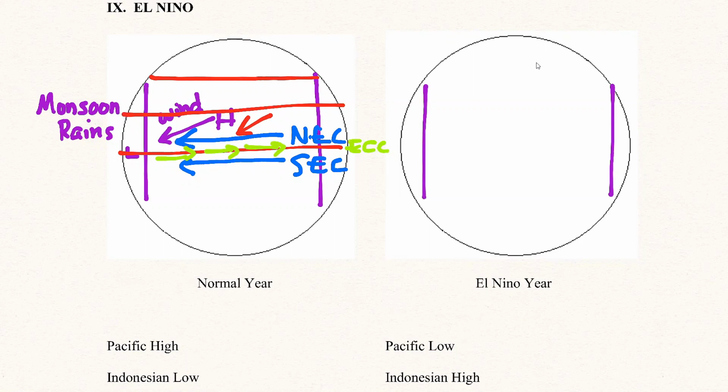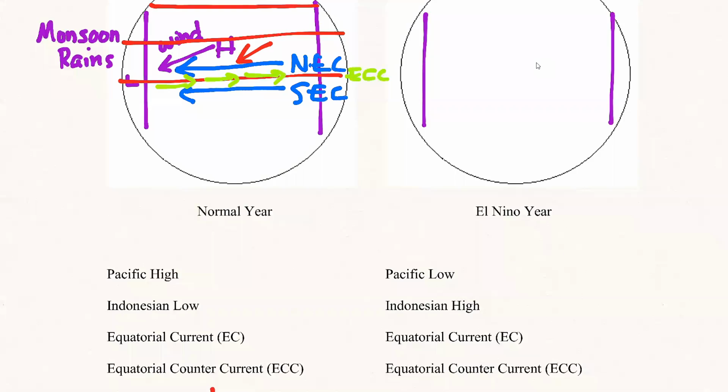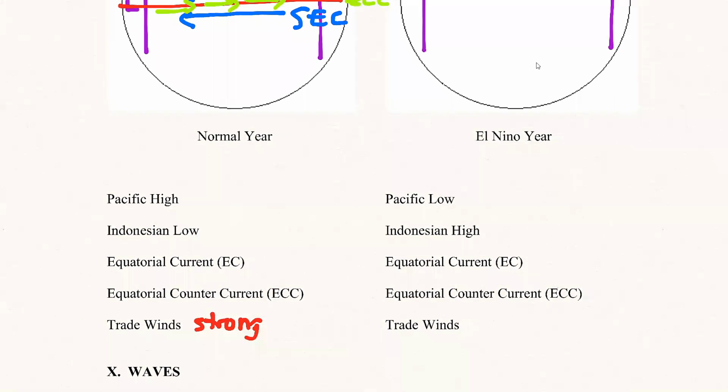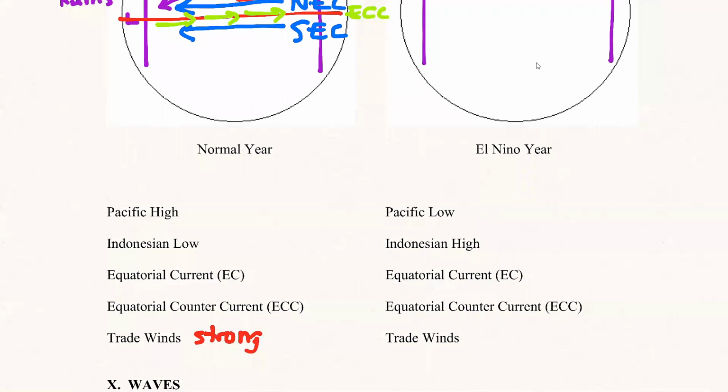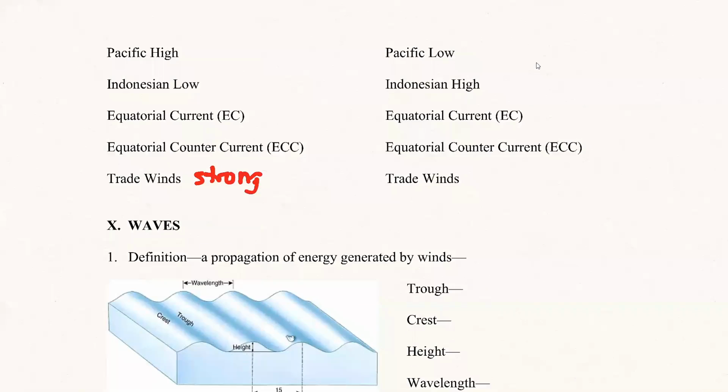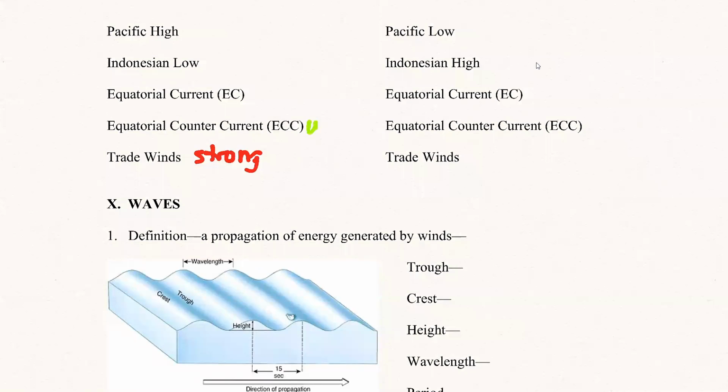Well, look at the direction of the winds. The winds from the high pressure to the low pressure and the trade winds are blowing against the equatorial countercurrent. The equatorial countercurrent during these conditions is going to be very, very weak. So the trade winds are strong, the equatorial countercurrent is weak, and your equatorial current is going to be strong.